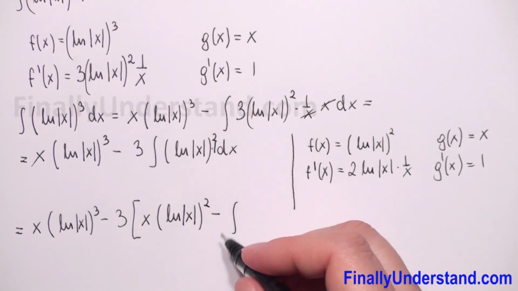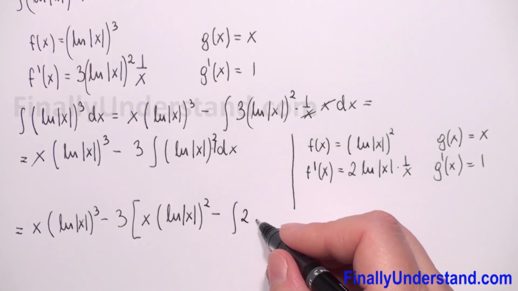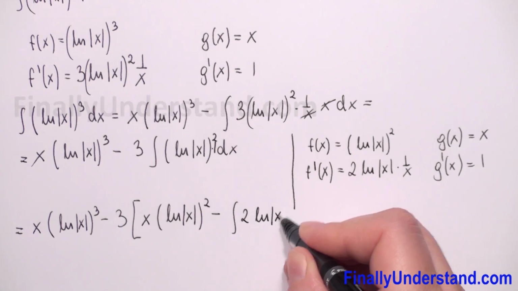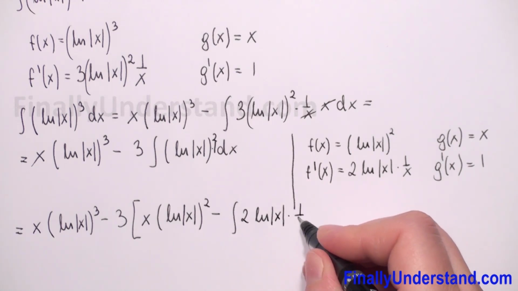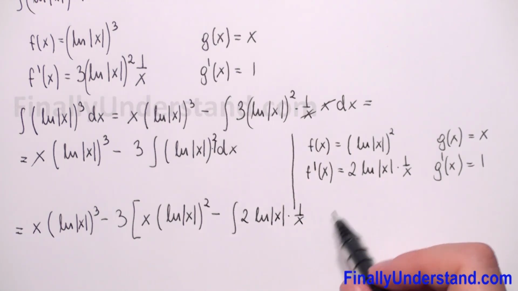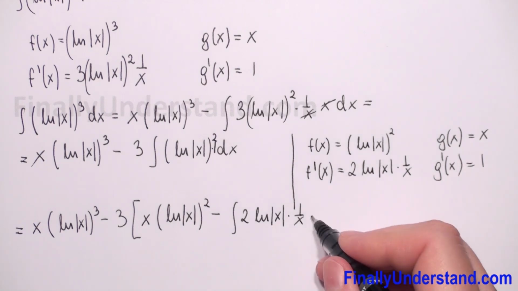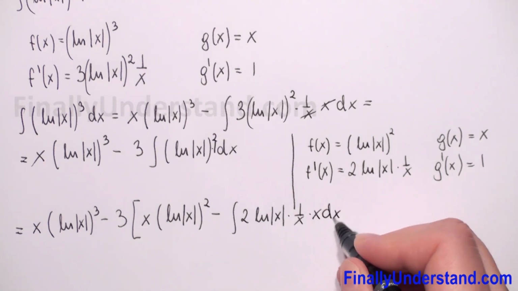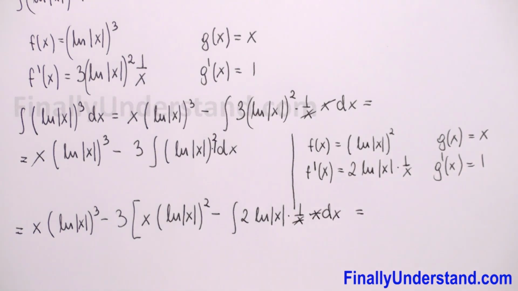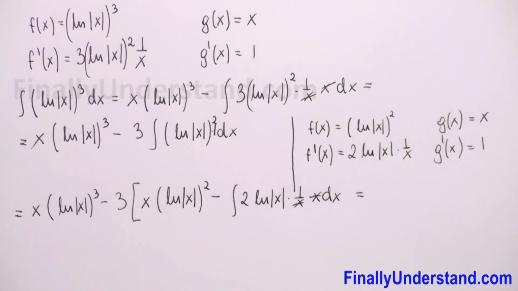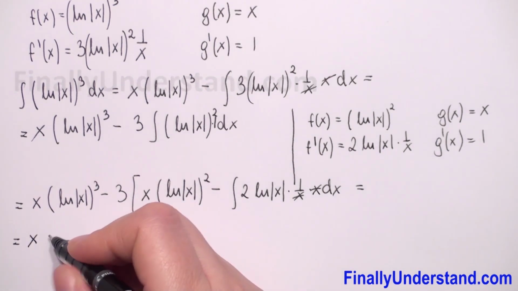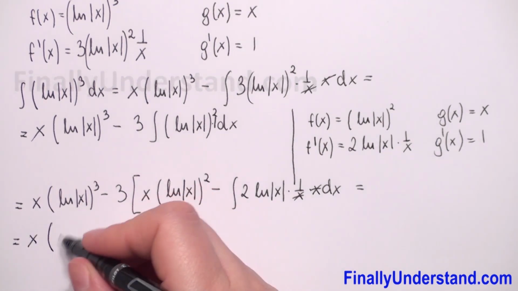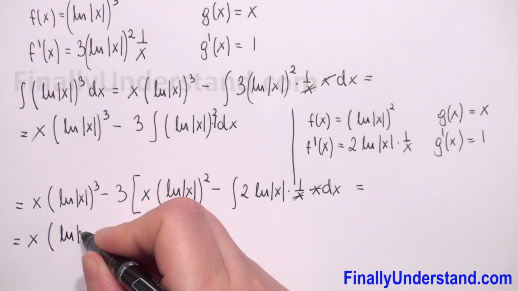F prime is 2 times the natural logarithm of the absolute value of x times 1 over x times g. G is equal to x, dx.